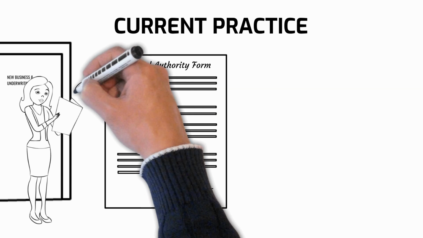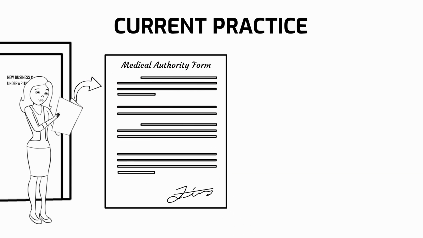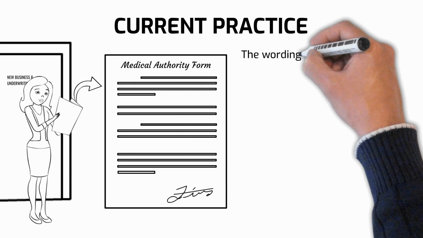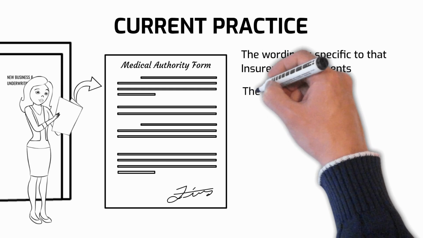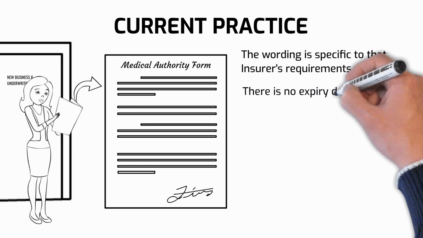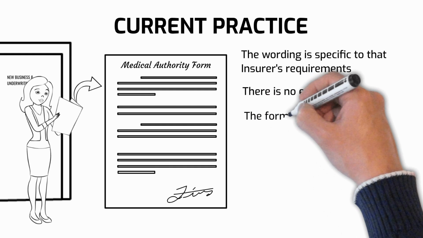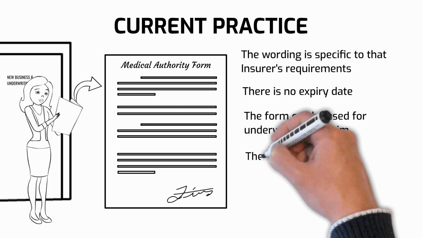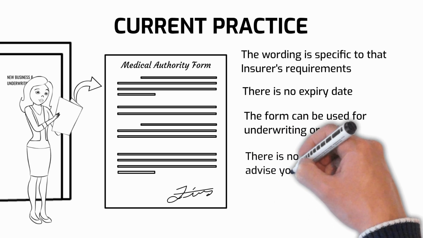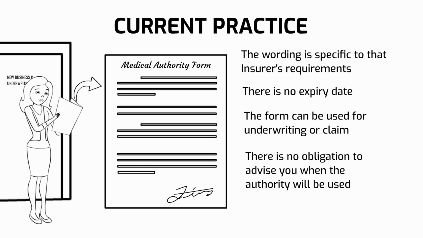If years down the track you decide to claim against your policy, that form is still valid and can be used to obtain information from your treating or attending doctors, mainly because there is no expiry date on the medical authority form, and it can be used for underwriting or claim, and there is no obligation to advise you when the authority is to be used.